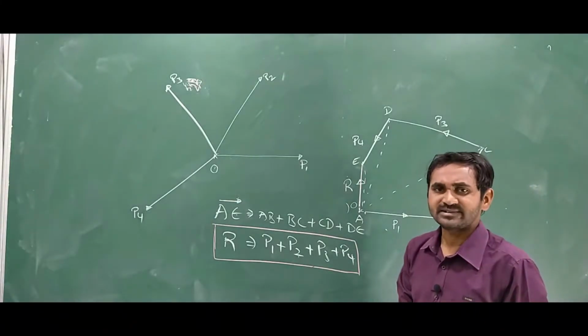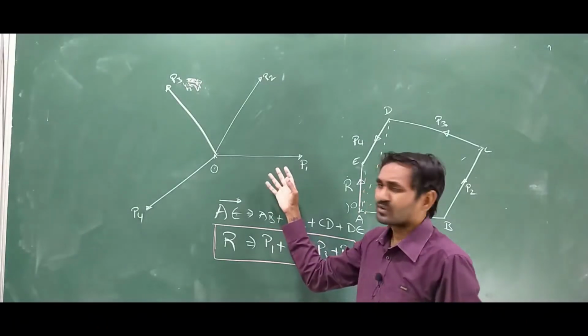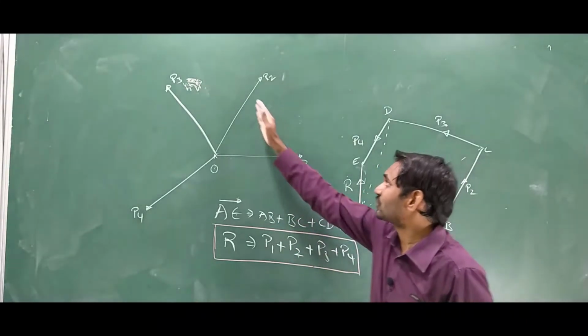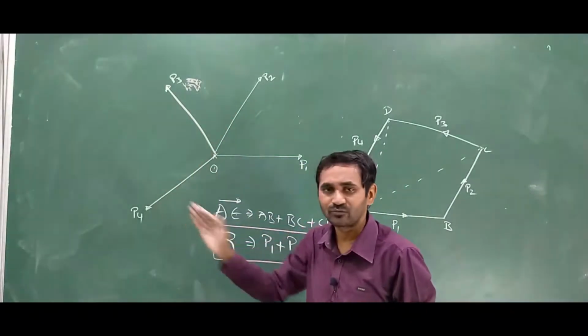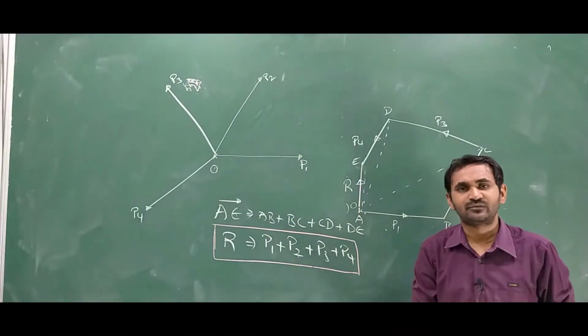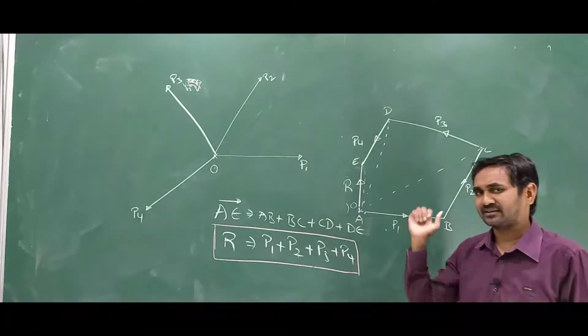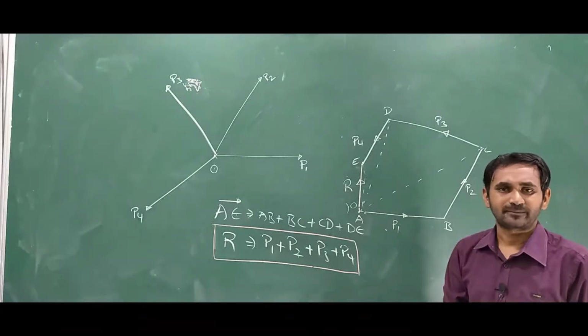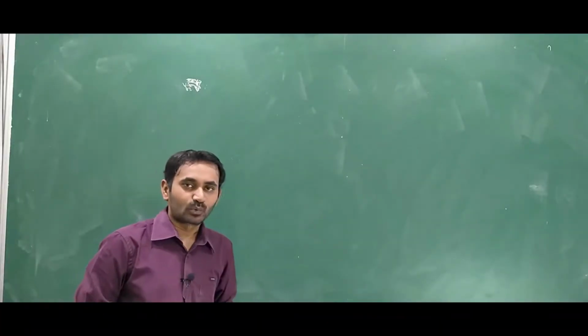By using it, we have to decide in which quadrant P1, P2, P3 and P4 come. By resolving the forces towards the x-axis or y-axis, you will get cos and sin. We'll see how it will be. Now let's see how to resolve the forces.